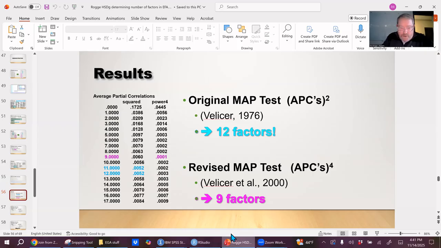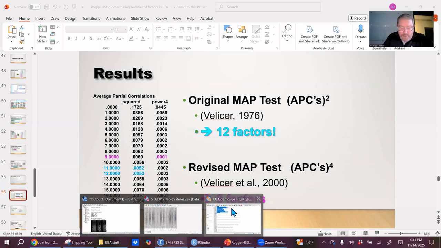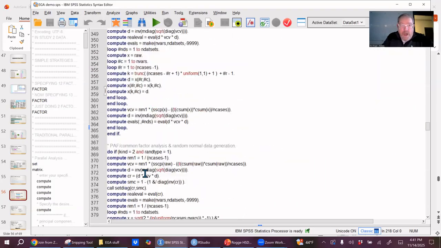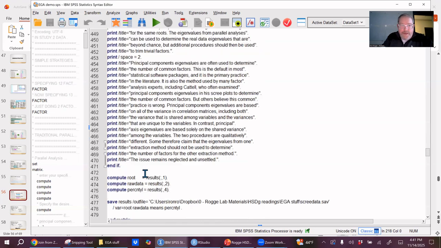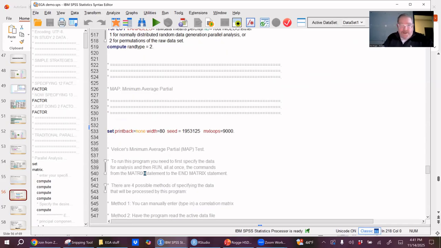And so in SPSS, I'm not going to run the permutations of your own data. That takes a lot longer. I'm not going to run that.